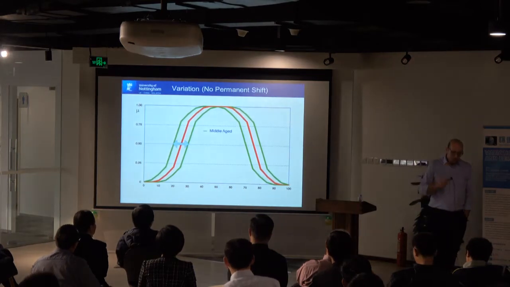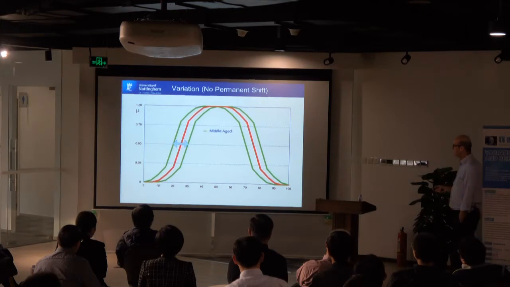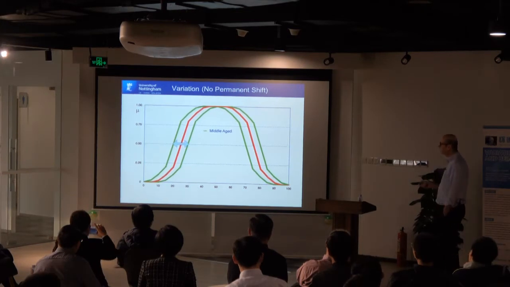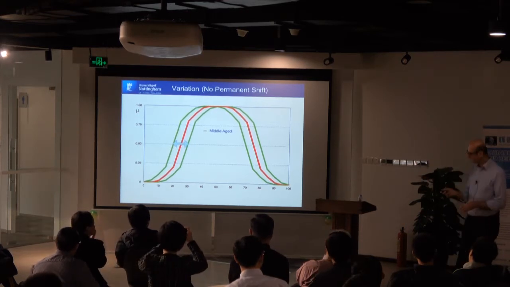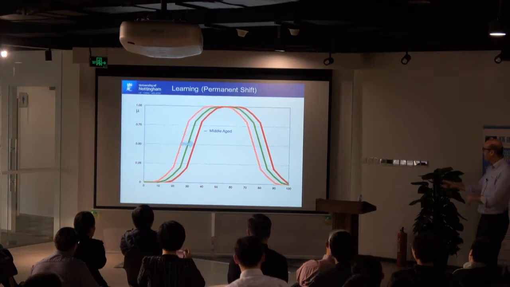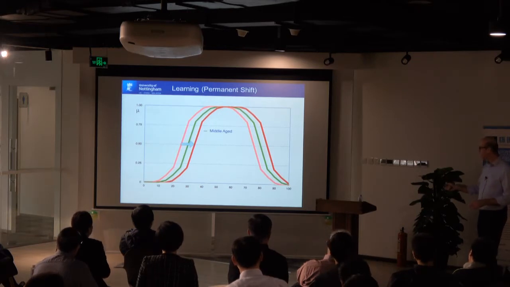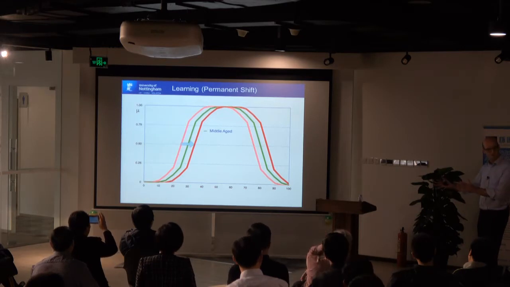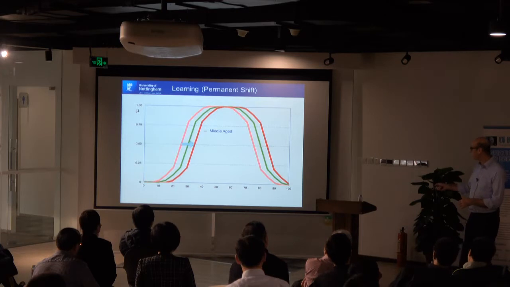And I'm going to suggest that these sort of fuzzy sets that I've got could incorporate this. So if I just vary around the midpoint, that's variation, and no learning takes place, that's just variation. If I vary the system, and then somehow, because of the variation, I end up moving the fuzzy set to a different place, then my system has learnt, because it's changed the meaning of what middle age did.